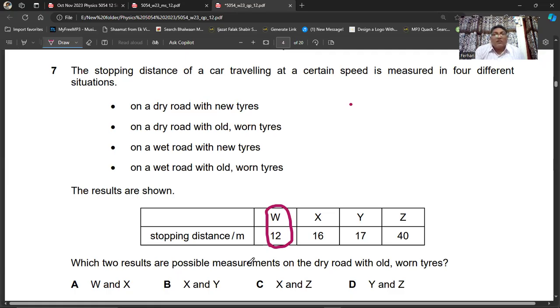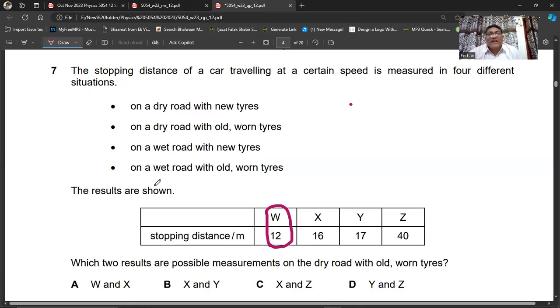Okay, now, the braking stopping distance will be maximum when the conditions will be wet and the tires will be old.